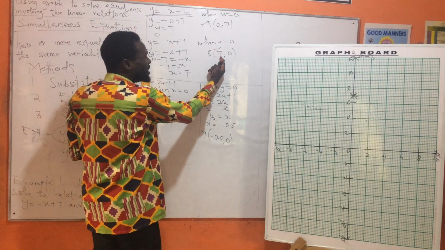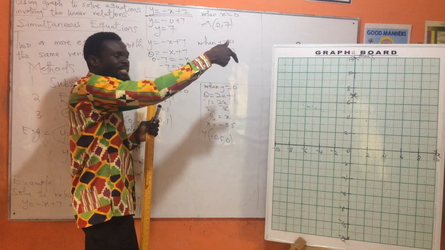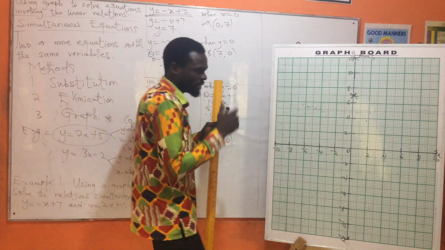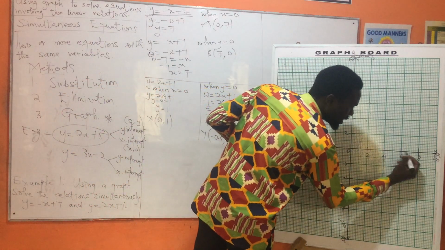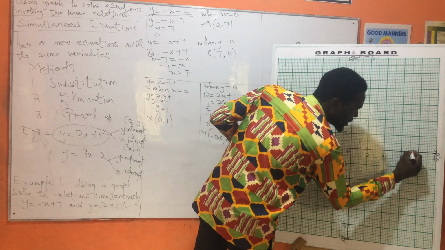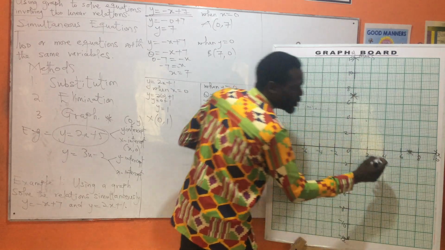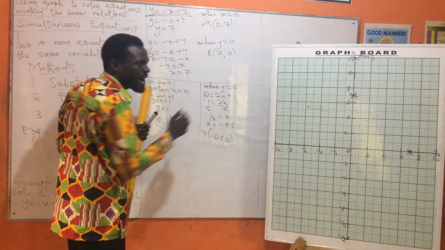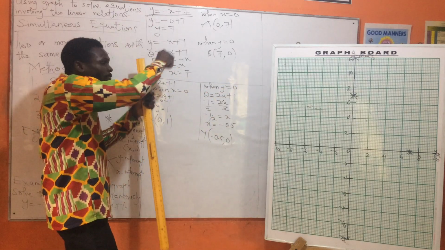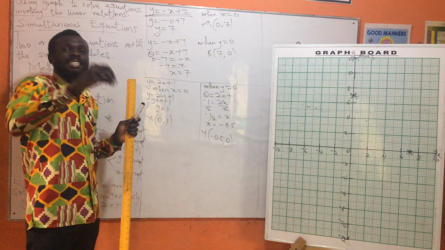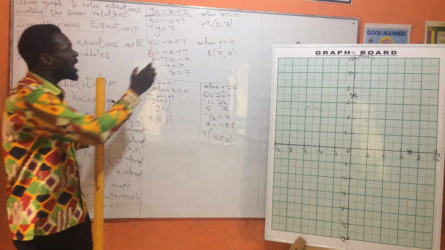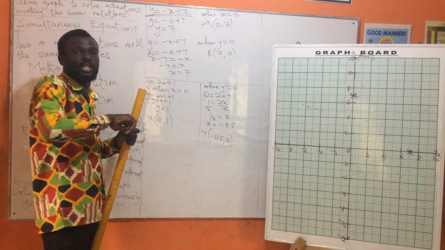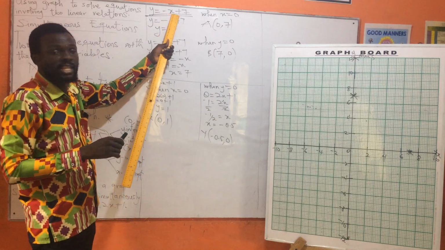Then the second point is 7, 0. That means y is 0. So on the x-axis, locate 7, which is also between 6 and 8. So with these 2 points, I can draw this relation on a graph. Before you can draw a line, you need at least 2 points. So now that I have the y-intercept and the x-intercept, I can draw the relation y is equal to negative x plus 7.